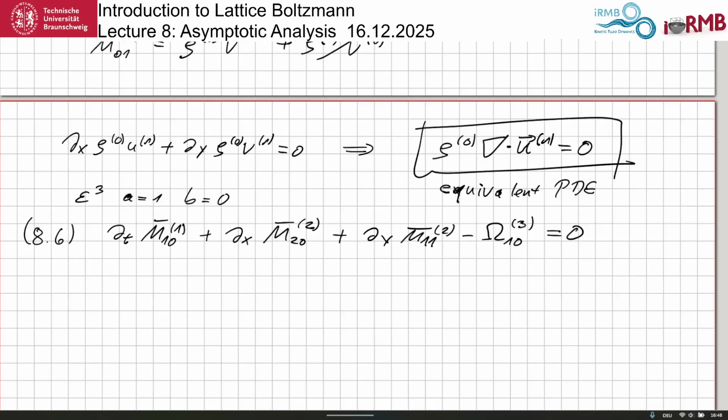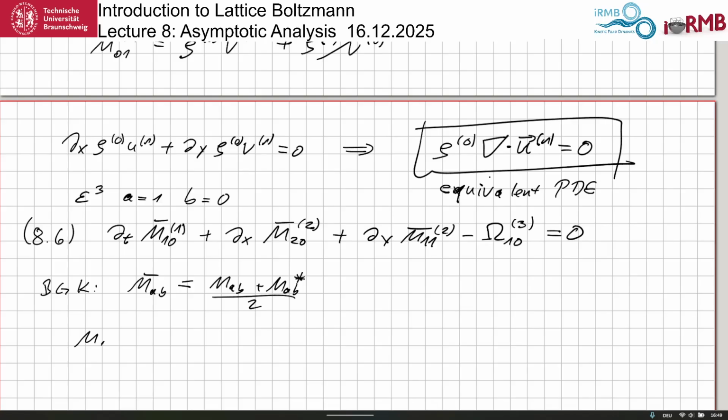Now we are getting stuck here. In order to go on, we have to plug in our collision operator, the BGK operator, otherwise we cannot go on. So we look at BGK. Again, we have MAB over bar is MAB plus before collision plus after collision.